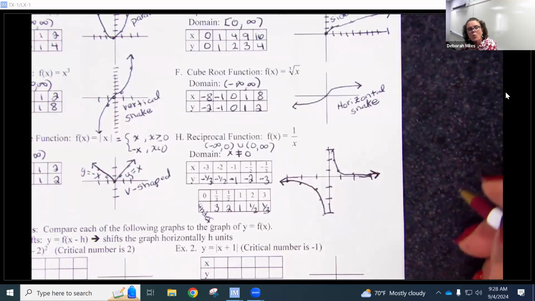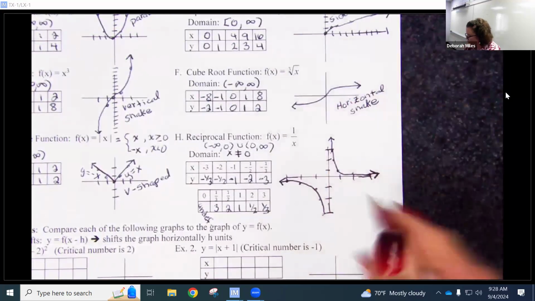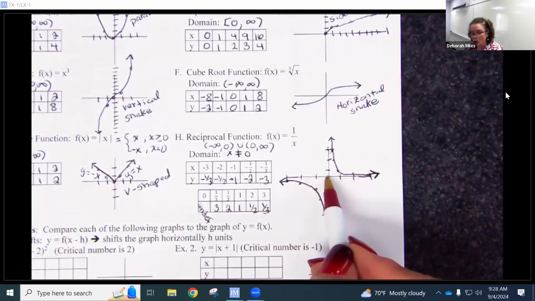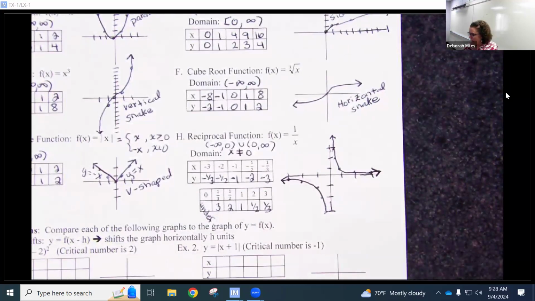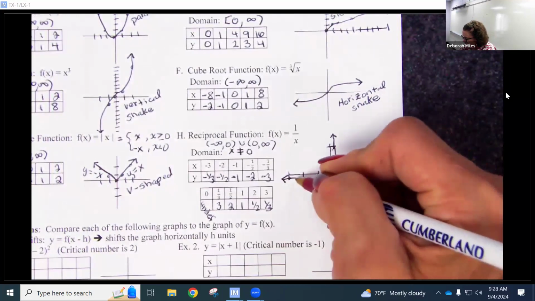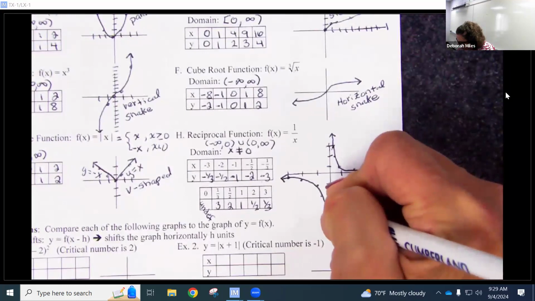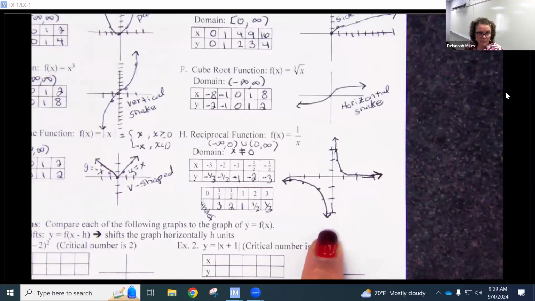If I flipped 1/100th, I get 100. So as this graph is getting closer and closer to x equals 0 from the right, my y's are taking off to infinity. And as my x's get closer and closer to 0 from the left, my y's are taking off to -infinity.